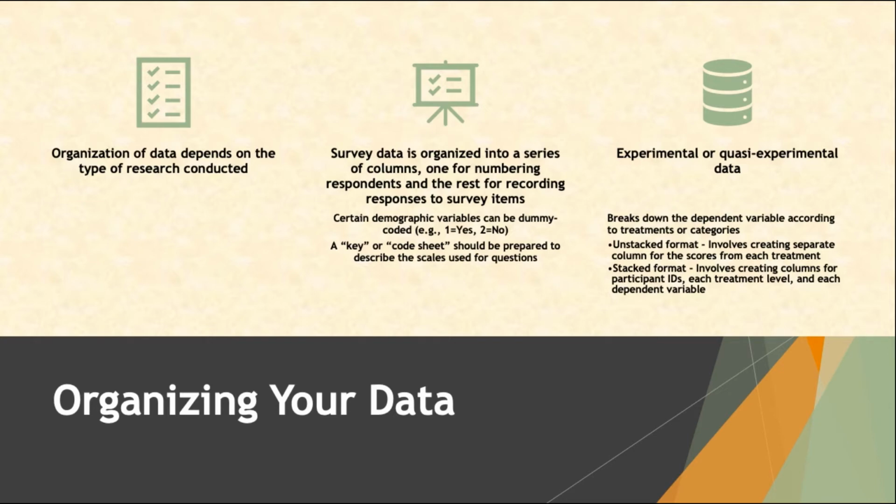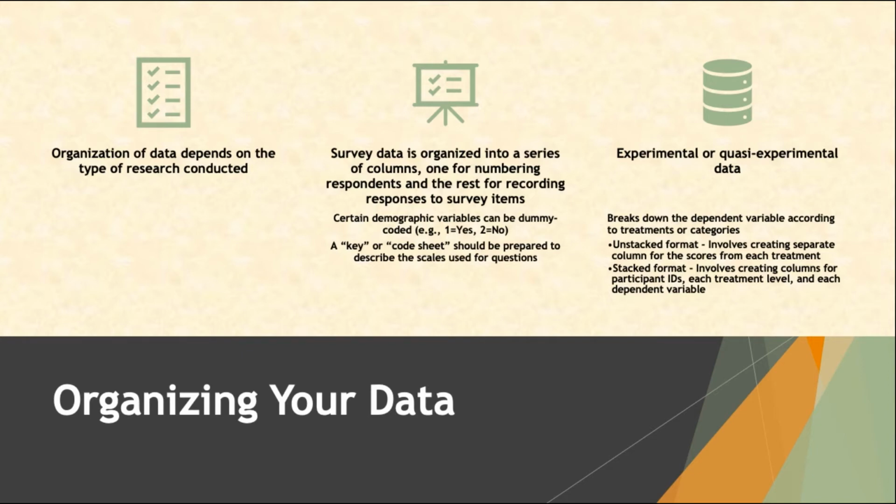For example, for survey data, a data summary sheet would be appropriate. The data are organized into a series of columns, one for numbering the respondent, one for each question asked, and one for each demographic item.